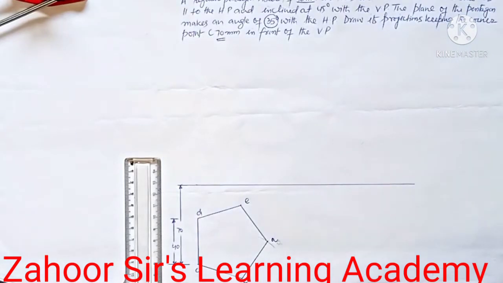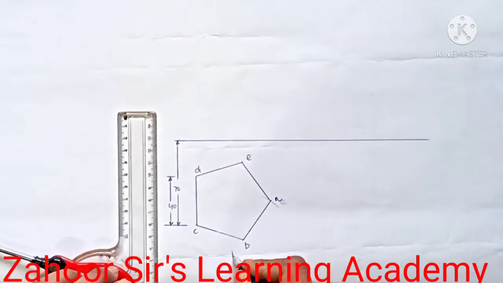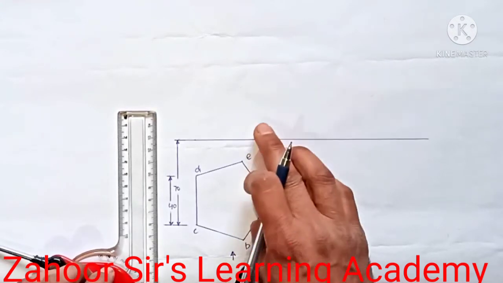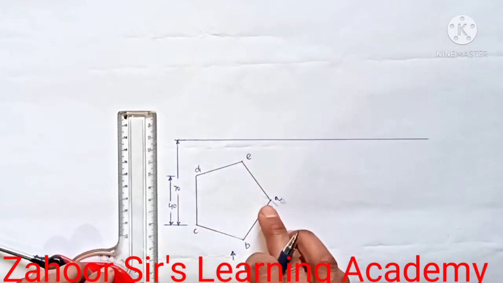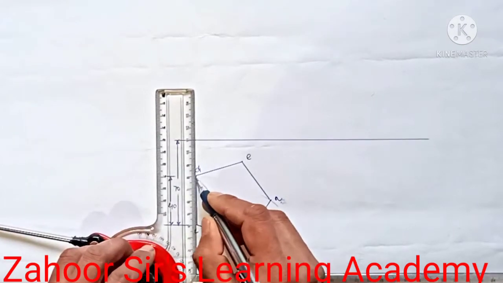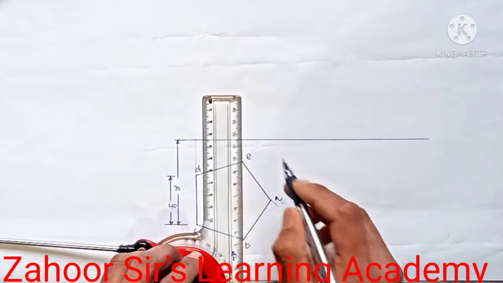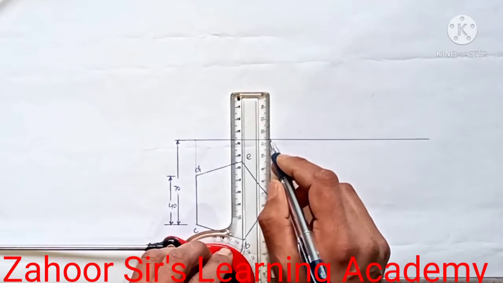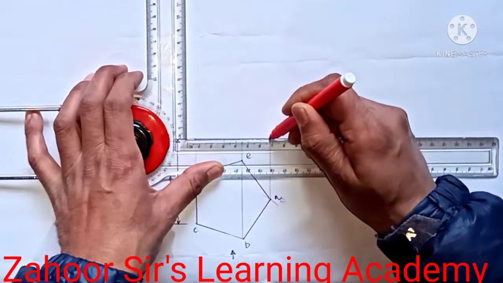Now after doing this, we have to draw its front view. We are looking from this end at the pentagon to draw the front view. The front view will be seen on the XY line because this pentagon is resting on HP. So we need to project these points with light lines, and this portion needs to be darkened with a red pen.